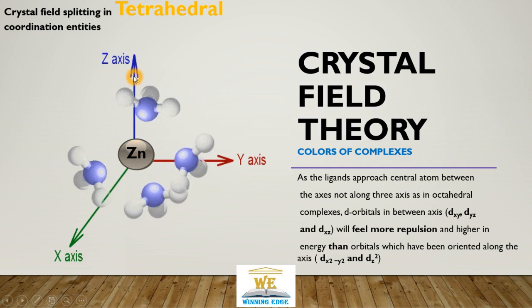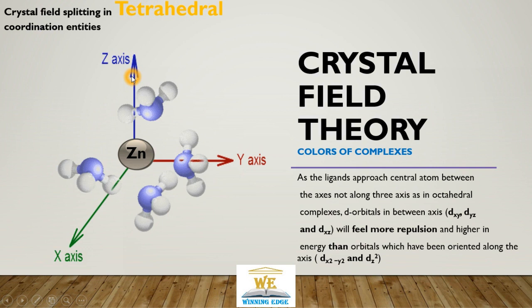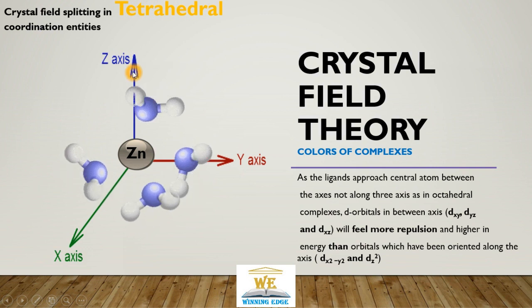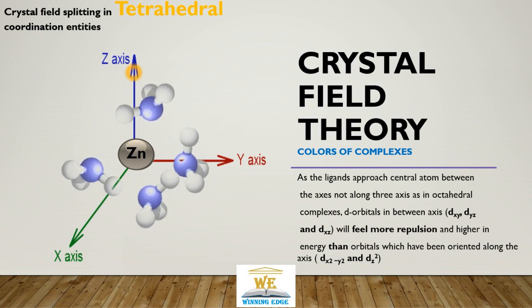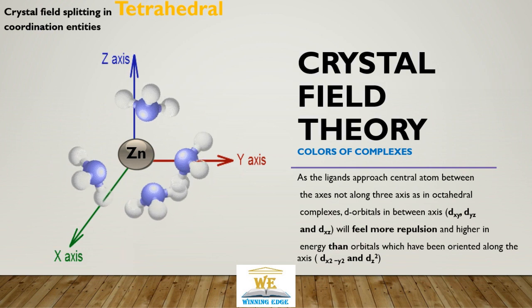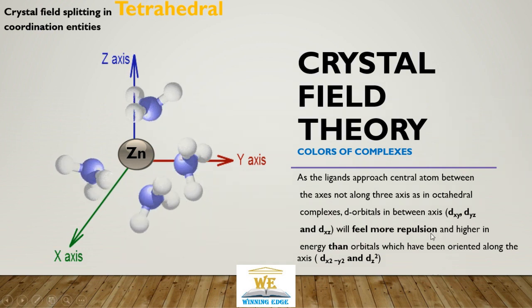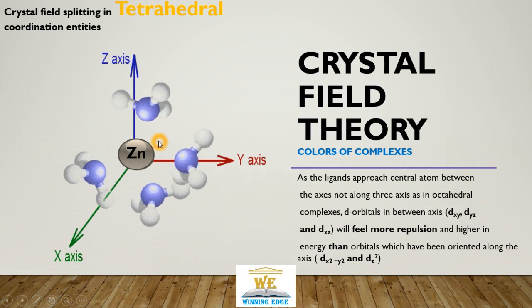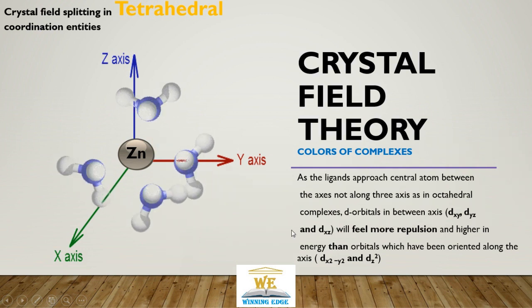Our dz square and dx square y square orbitals will experience lower repulsion compared to dxy, dyz and dxz. They will be feeling more repulsive force.